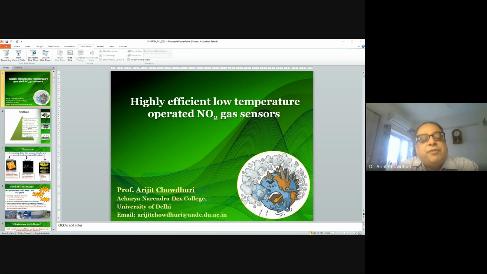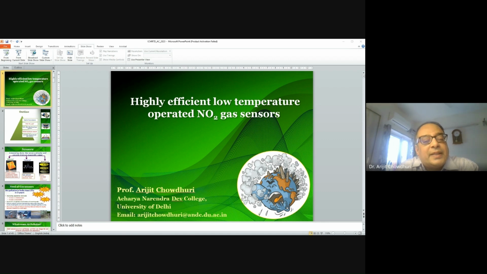That's because the ill effects of nitrogen dioxide are manifold in the environment. NO2 gas is a precursor for ozone in the lower atmosphere, that is the troposphere. Ozone is a secondary pollutant not emitted by any specific source, but rather it is formed due to reaction of NO2 gas emitted from automobiles, which are increasing day by day, with sunlight.